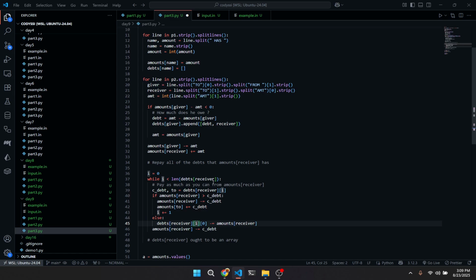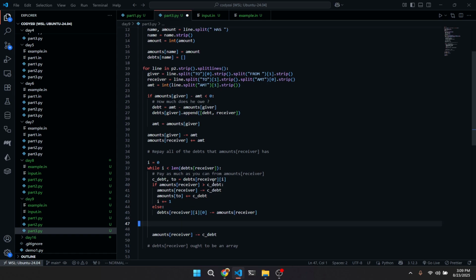This is confusing me. So amounts at the receiver at I at 0 should go down by as much as I can pay. I can't pay all of it, which means this guy is the bigger guy, right? So this guy is bigger than that guy, and I just pay as much as I can.